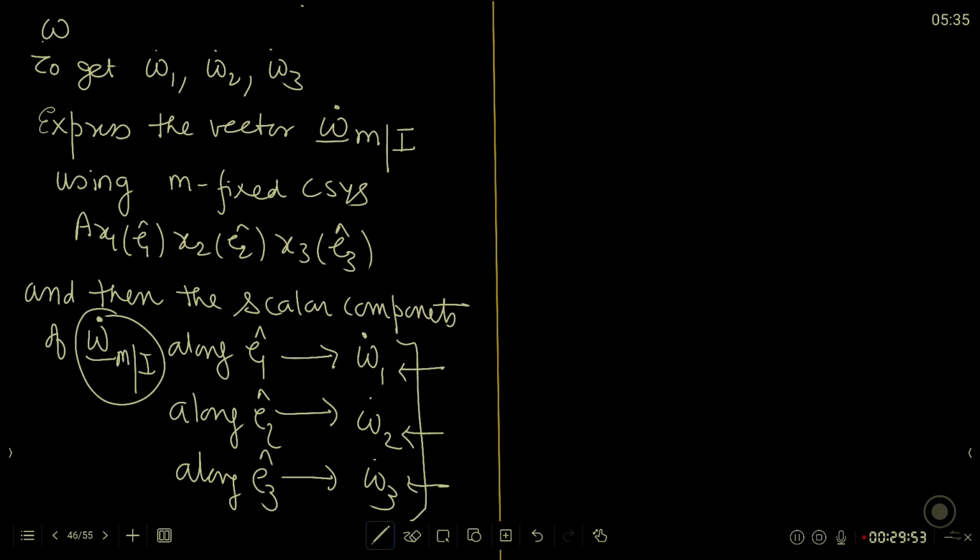You need not differentiate omega 2 to get these dot quantities. Rather, if you know omega dot mi, the vector, you express that in the working coordinate system, and then the coefficient of E1 will become omega 1 dot. Coefficient of E2 will become omega 2 dot. Coefficient of E3 will become omega 3 dot.